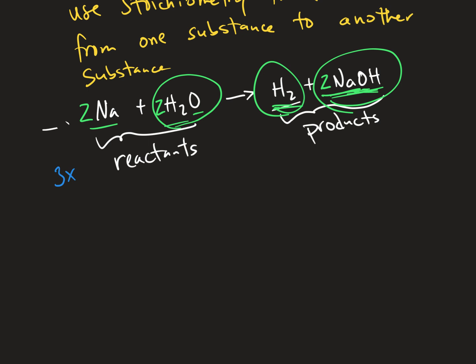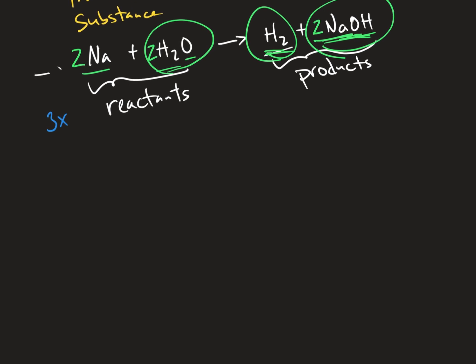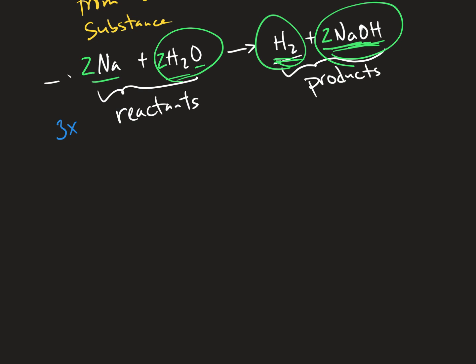All right, so let's go ahead and give you a mole roadmap to help you know how to convert from one substance to a different substance. And we'll do plenty of examples here, okay? I'm just going to give you this mole roadmap, and the reference sheet that I gave you for the midterm has this mole roadmap on there, with the electronegativity chart.